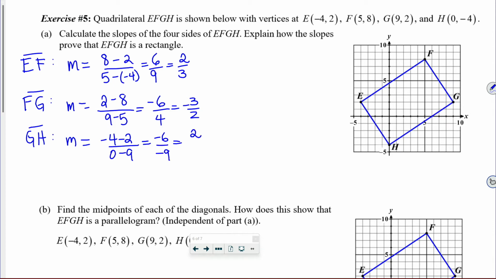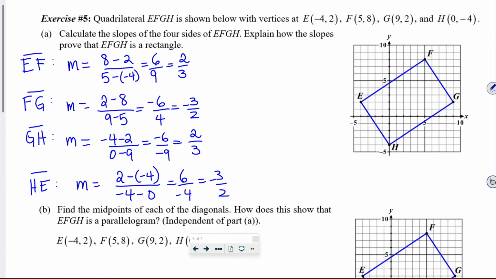That will reduce down to a positive 2/3. And finally, I will have HE. For HE, my slope is going to be 2 minus -4, all divided by -4 minus 0. That's going to be 6 over -4, which is -3/2.